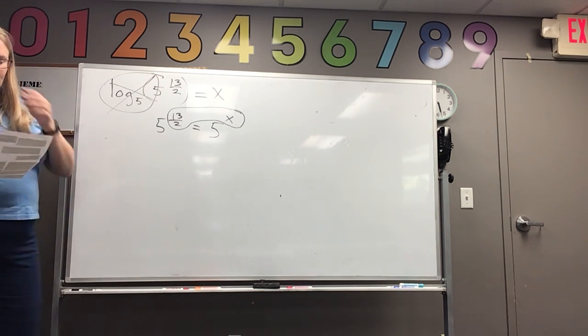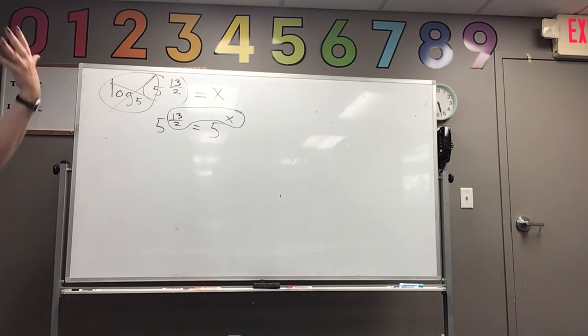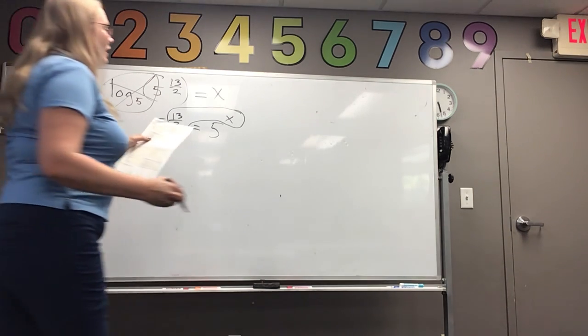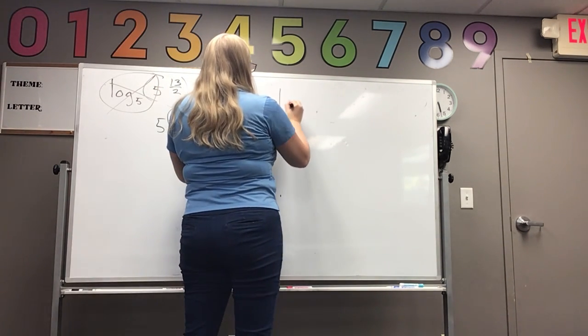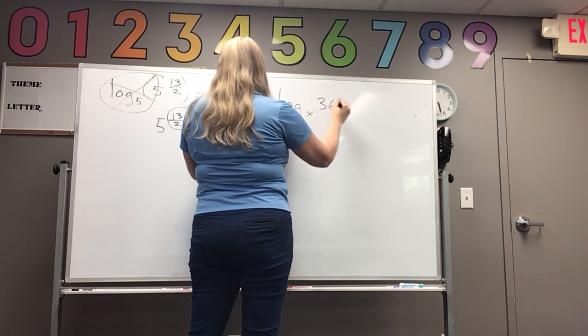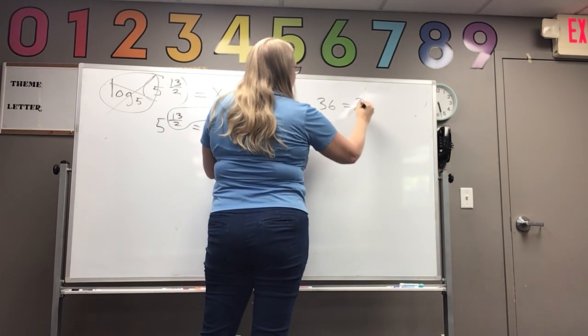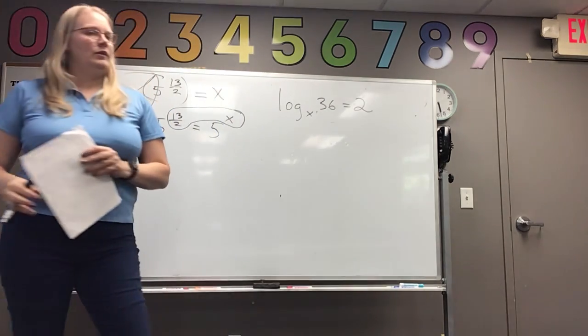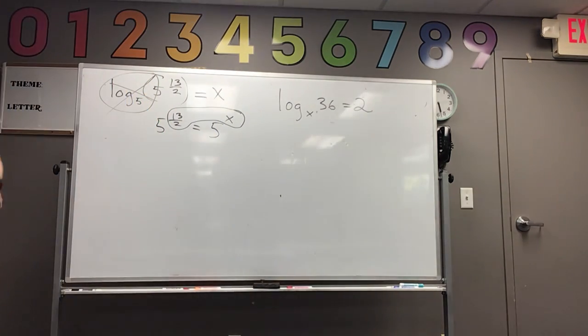So don't be over intimidated. So next one, log base x of 36 equals 2. Again, I encourage that rewrite. Rewrite this as an exponent, and it will not be so bad.